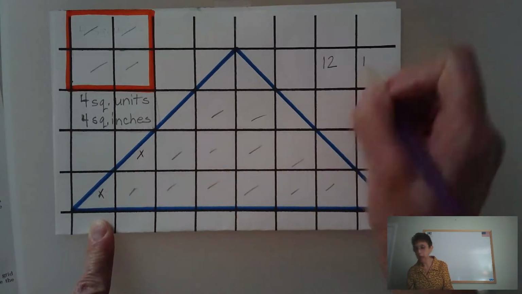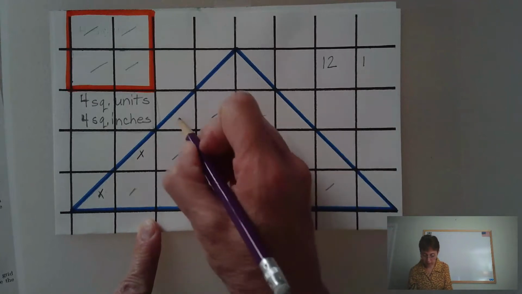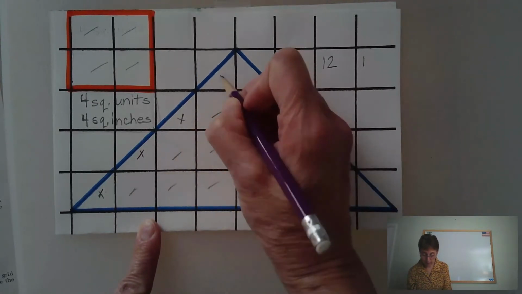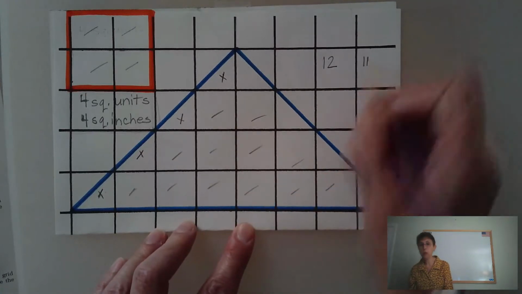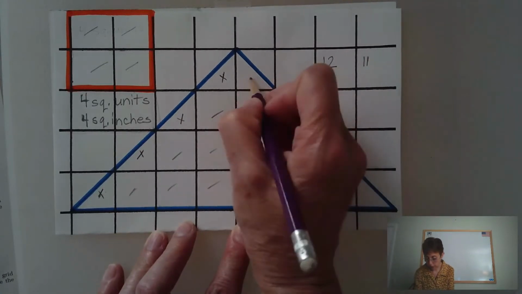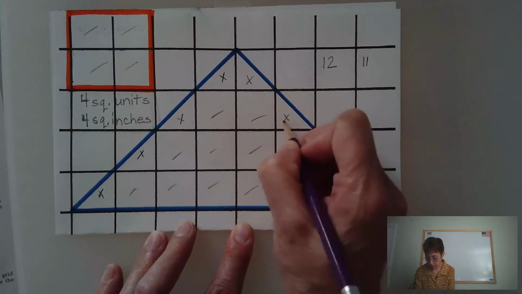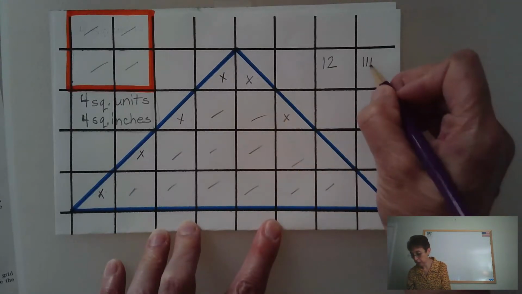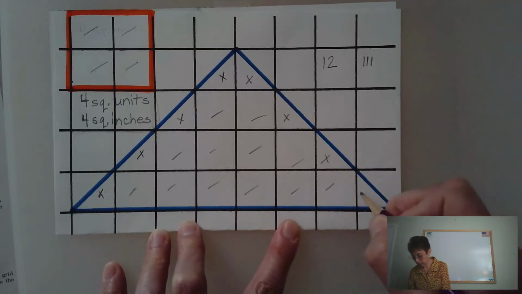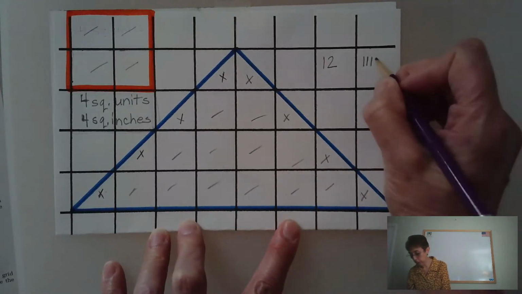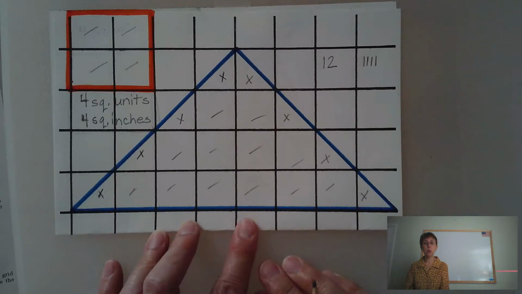I'm just going to put a little tally mark for that one. Then this half plus this half gives me another whole square. Over here I have this half plus this half. That makes up another square. And then this half plus this half makes up one more whole square.